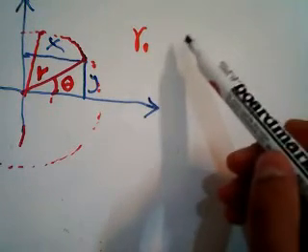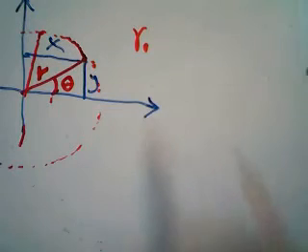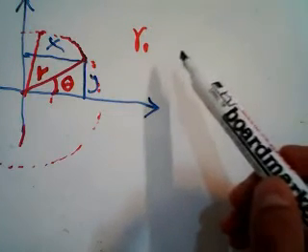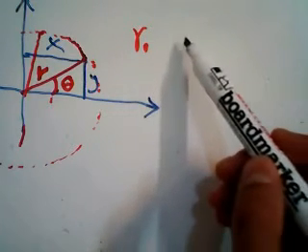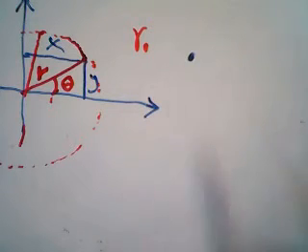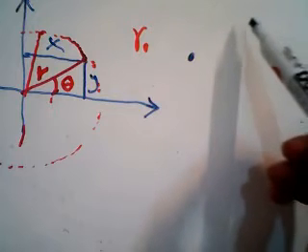For instance, one case is when we have a central force. For instance, let's say in our solar system, this is the sun, okay, and the planets are around the sun.